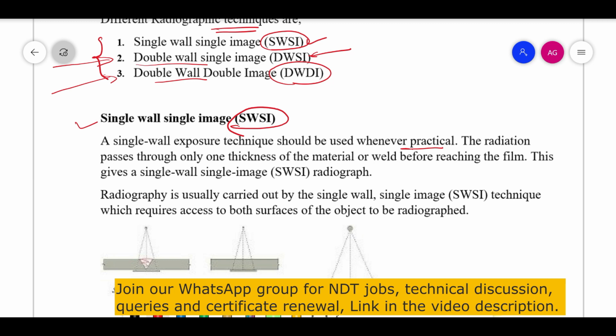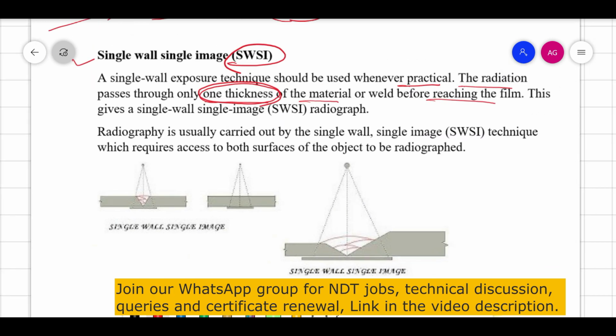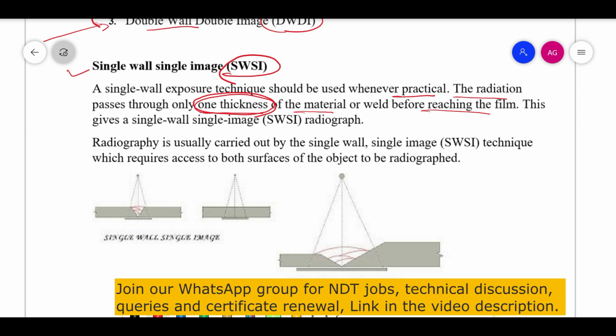What type of arrangement is there? The radiation passes through only one thickness of the material or weld before reaching the film. So here radiation passes through only one thickness, and after going through it, reaches the film.